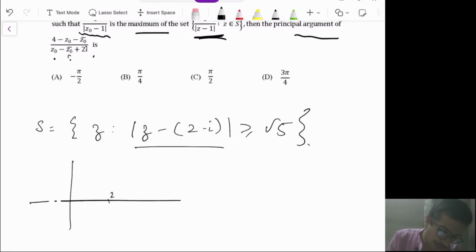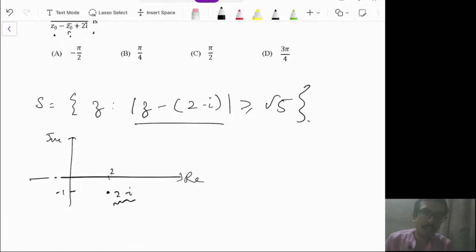Here we have the real axis and the imaginary axis, and here is where the point 2 minus iota lies. There is a set of points whose distance from 2 minus iota is larger than root 5. If the distance equals root 5, we get the boundary of a circle, but if it is larger than root 5, it represents the points exterior to the circle.